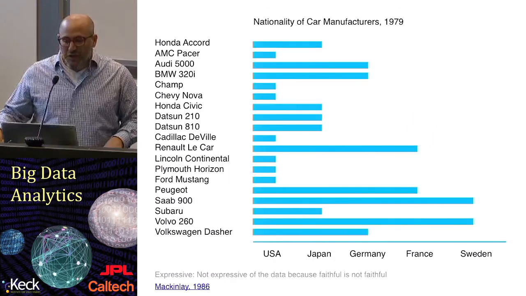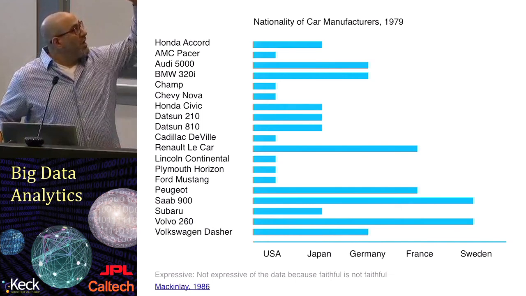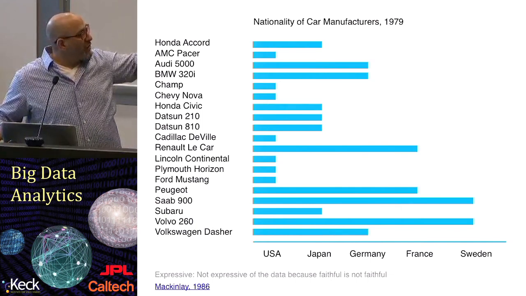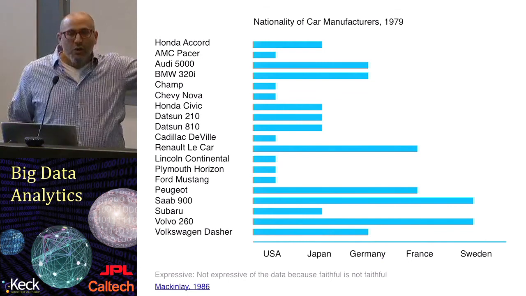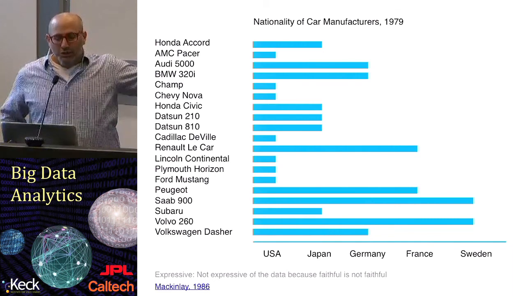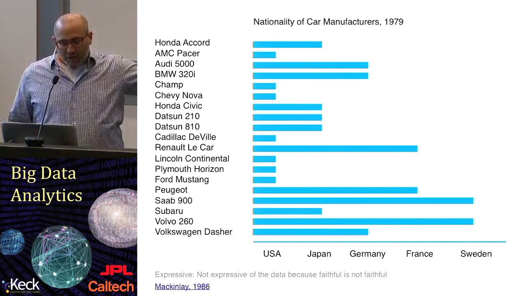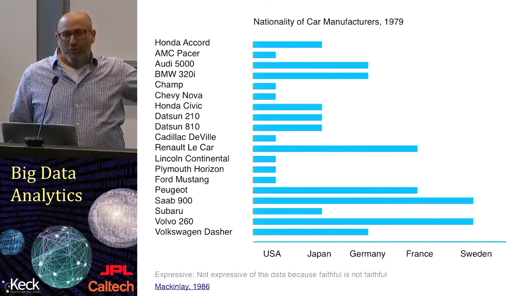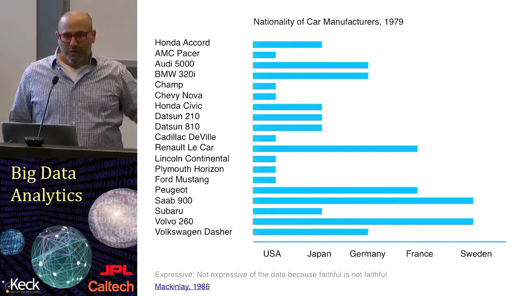So here you see a data set that shows you the relationship between a different number of car manufacturers and the country in which they're manufactured. So look at this graph. What is wrong with it? So you see that you can easily look at this and tell that the various cars come from different nations. But what's misleading about this graphic?